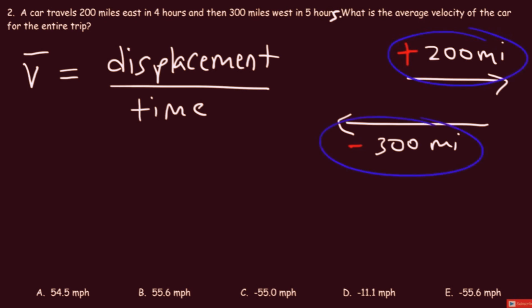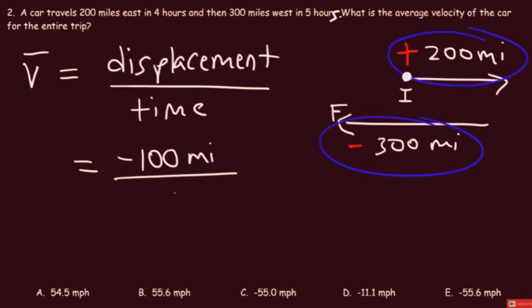So if we add these two values, the net displacement is negative 100 miles, because we start here. And the net result, if you look at the initial position and the final position, is that the car traveled 100 miles west.